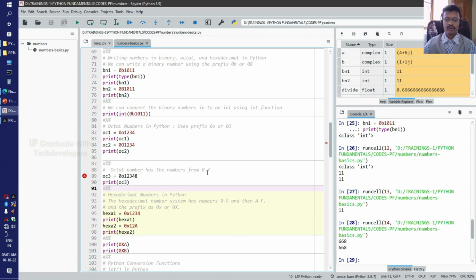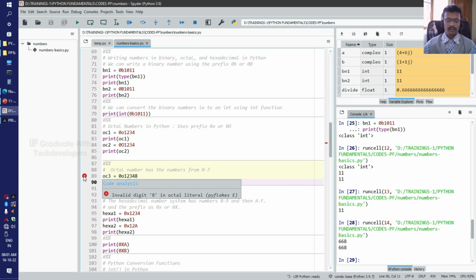That's why we can't use 8 to create an octal number. Similarly, we cannot create a binary number with digits greater than 1. You cannot use 2, 3 or 4 to create a binary number, right? Similarly, we cannot create an octal number by using a digit which is greater than 7.